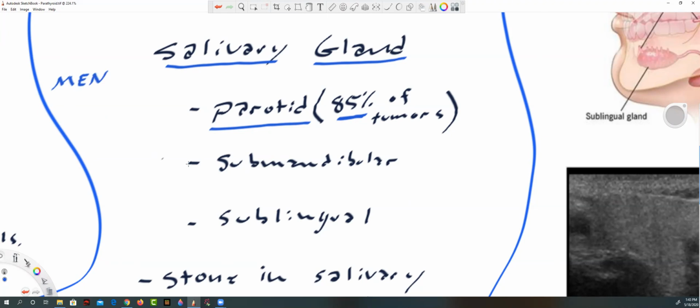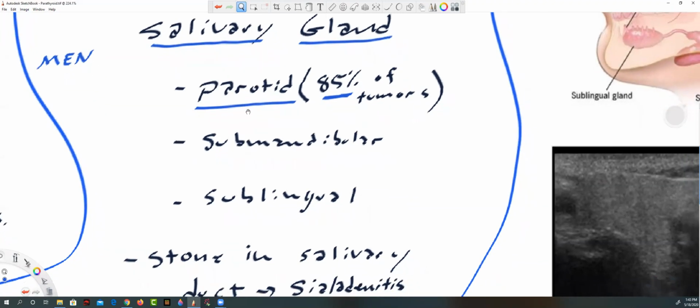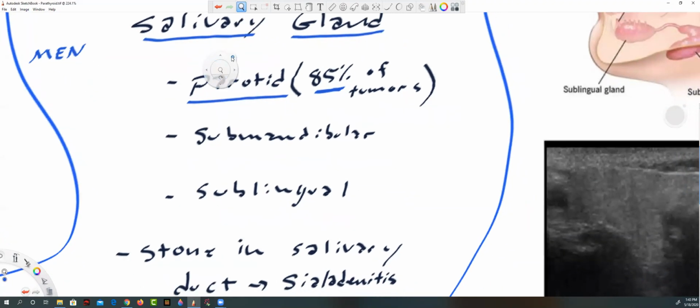She's had 50 surgeries, a bunch of them were cancer. She's had a bunch of cancers and benign tumors removed from her body, and one of them was the parotid. So she has a dent on the side of her face where the parotid should be.